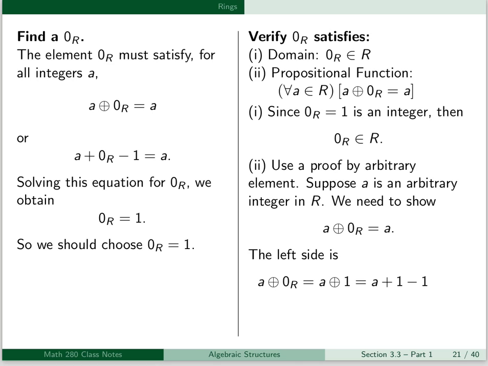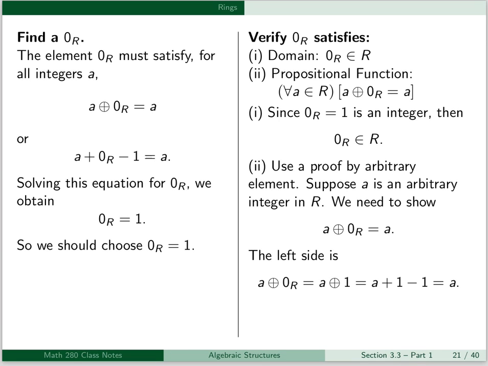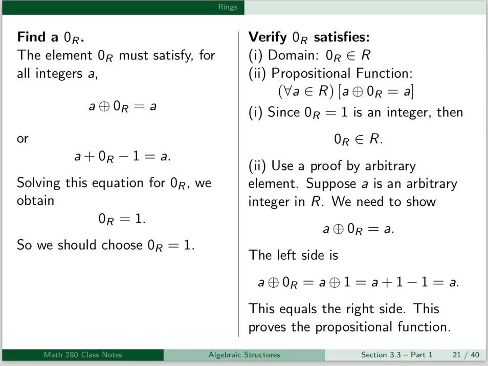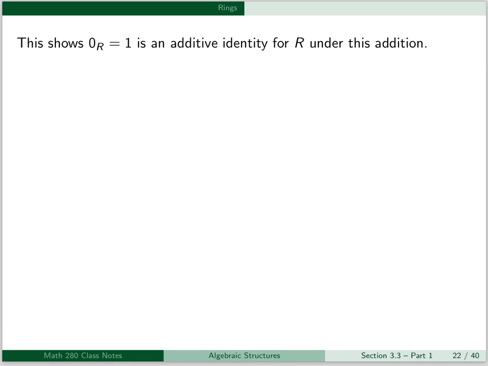This is using the definition for the circle plus addition, and the 1 and the minus 1 cancel, and we're left with a. And that's equal to the right side, so this proves the propositional function. So this shows that 0 sub r equal 1 is an additive identity for R under this addition. Therefore, axiom R4 holds.